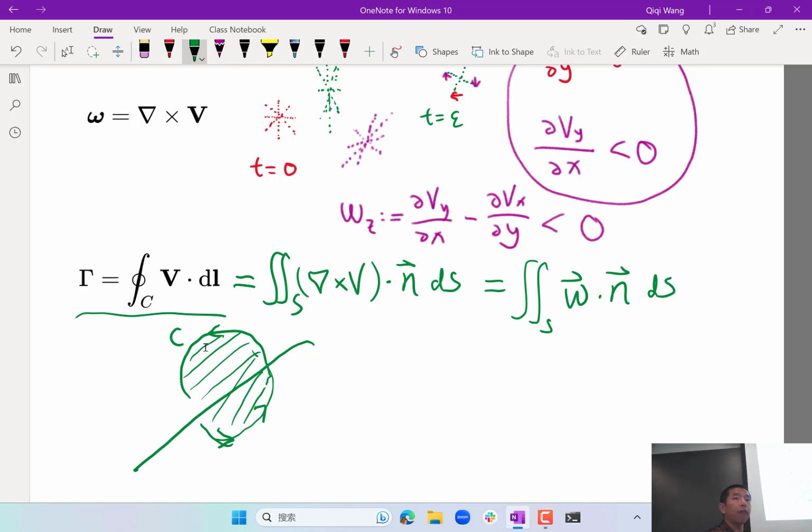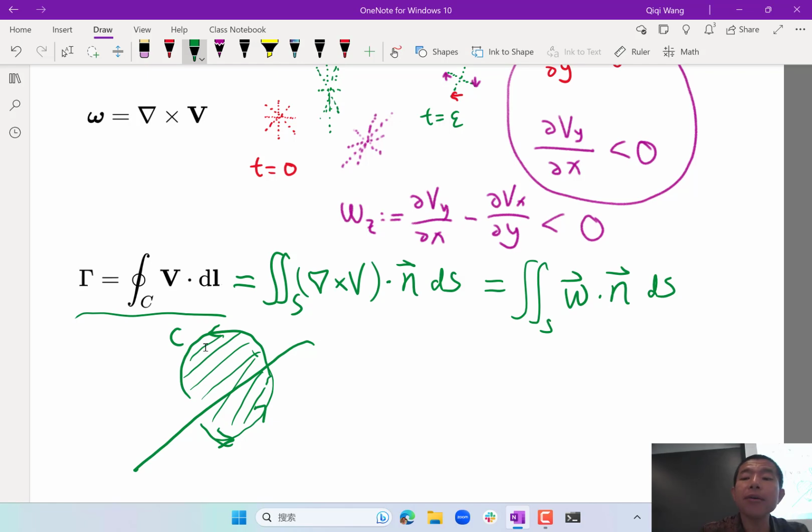So now we can see why this is an integral measurement of vorticity. What we usually call a vortex is basically a bundle, a very slim region in space where there is significant vorticity, while outside of the vortex, there is almost no vorticity.